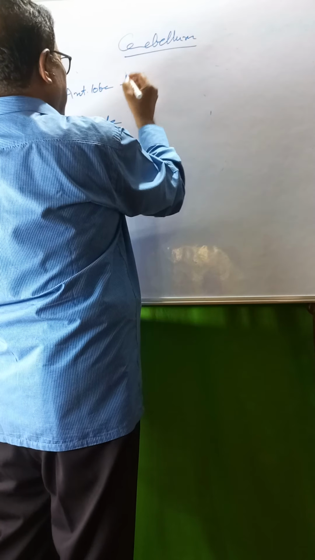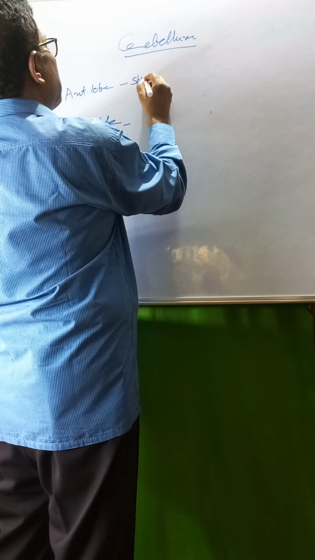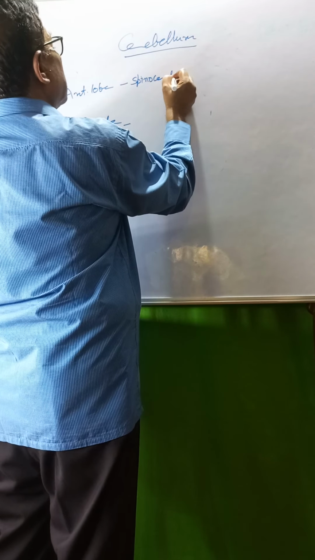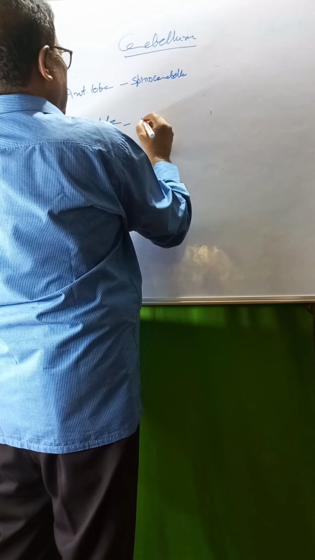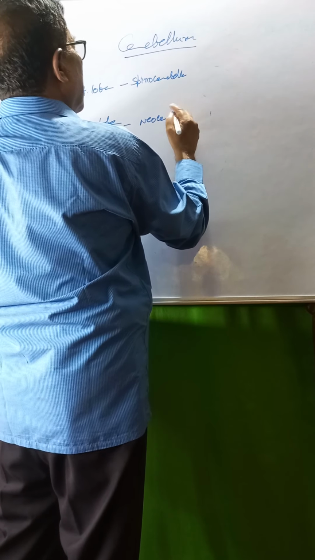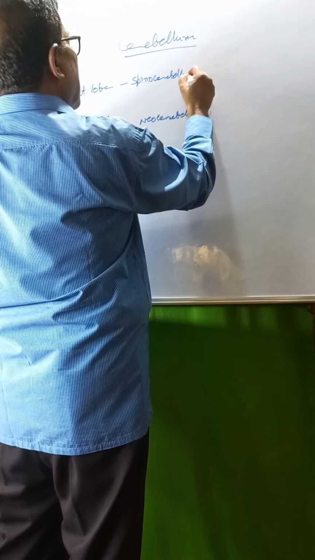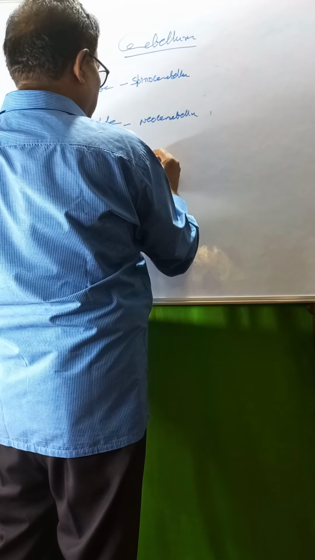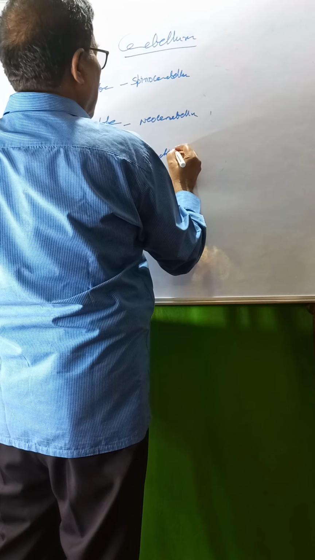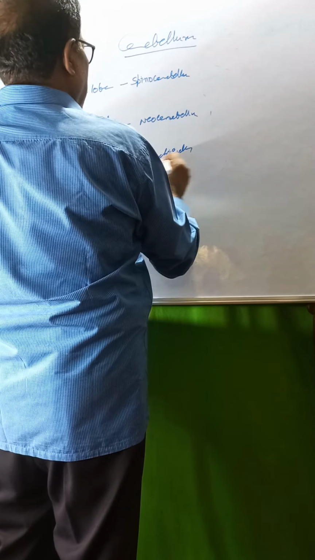Anterior lobe is also known as spinocerebellum, posterior lobe as neocerebellum, and flocculonodular lobe as archicerebellum. Archicerebellum is the primitive structure.